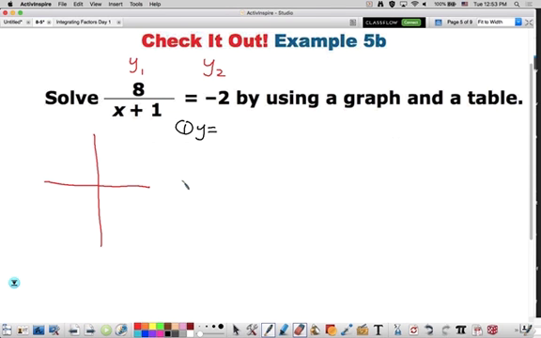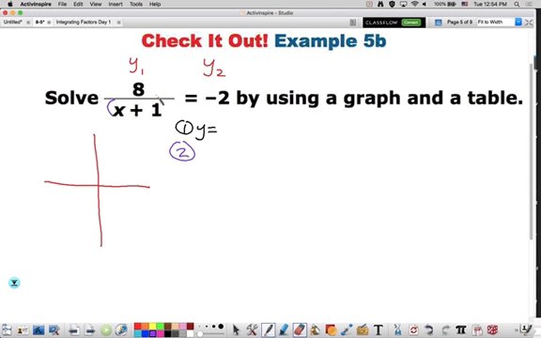Go to y equals. I want you to input this as y1, and I want you to input this as y2. So input those. Once you get there, I'll pull it up with you. Oh, something I didn't mention.